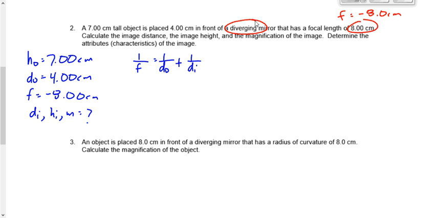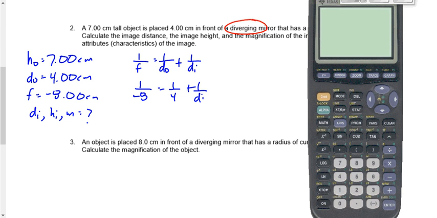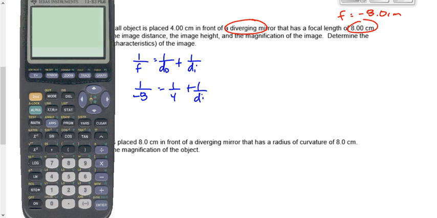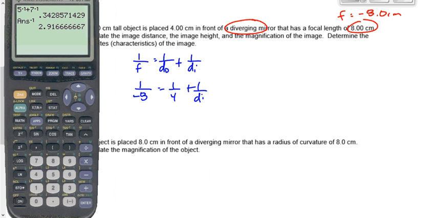I'm going to say for this one, 1 over negative 8.0 is equal to 1 over 4 plus 1 over DI. Now, if you want to find common denominator here, that's great. If you want to do it the shortcut way with your calculators, that's fine as well. Let's say 1 over negative 8, minus 1 over 4, bringing the 1 over 4 to the left side by subtracting, gives us negative 0.375. Let's flip that over.